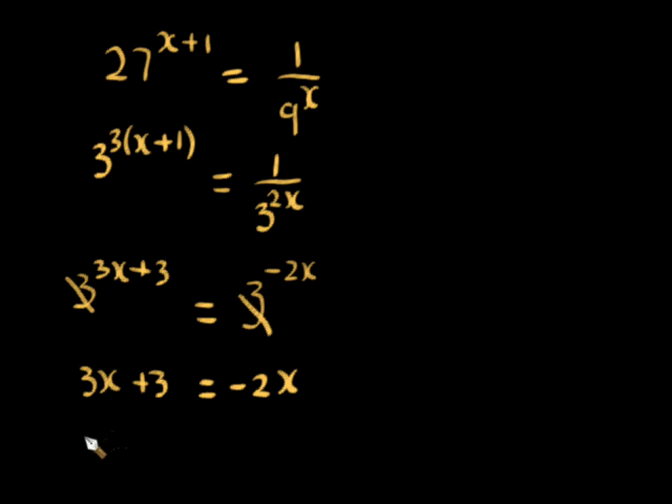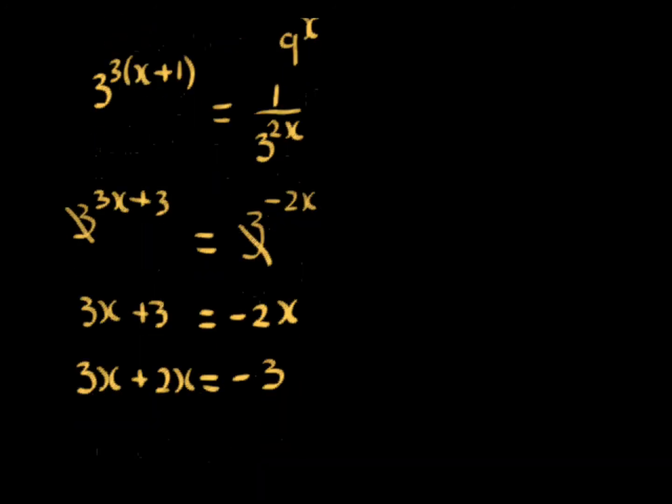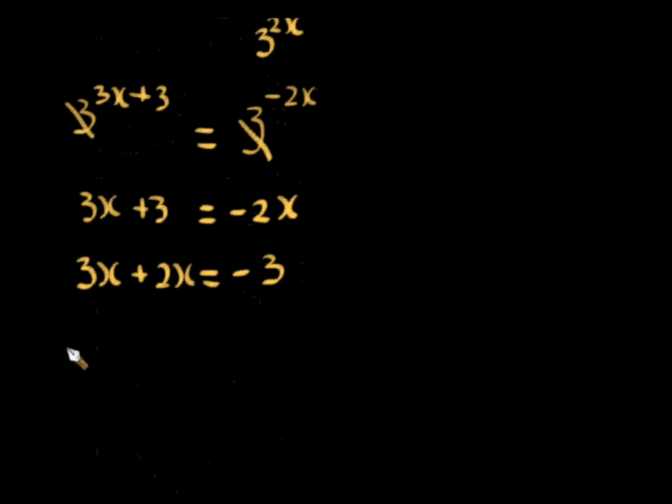So this gives us 3x plus, this negative 2x moving over here becomes positive, so plus 2x. 3x plus 2x. Now, this positive 3 moving over here becomes negative 3, so equal to minus 3. Now, 3x plus 2x gives us 5x.